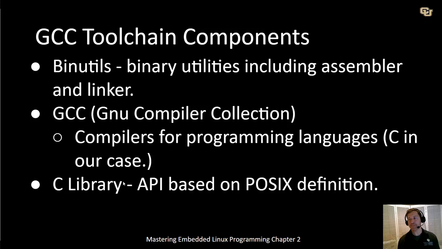The other part of the toolchain that we'll be using is the C library. This uses POSIX definitions to provide API implementations that we'll access from our program, so ways for us to get into and out of the Linux kernel through that API defined by POSIX.